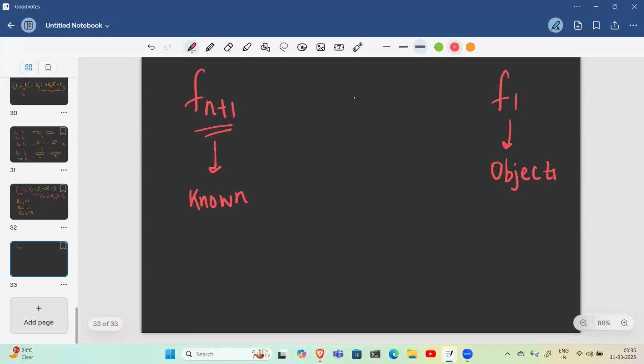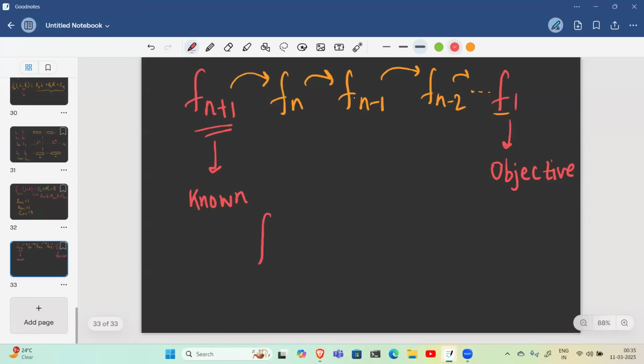So what will you do? We will try to go in reverse order, and we'll try to find all these in-between functions. If we can find all these functions, then we are done, right? So we will write a reverse for loop, and we will assume that if f k plus 1 is known, from there we will try to find f k.